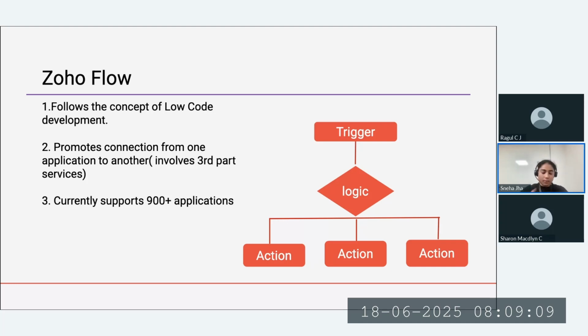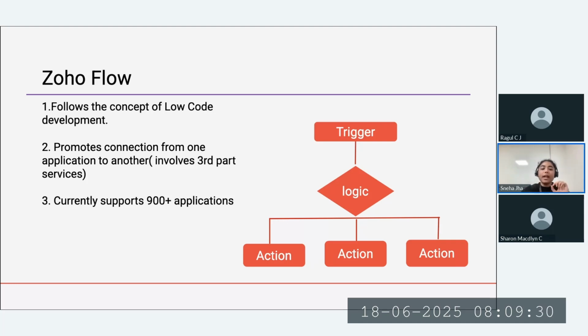With this small change, you can make sure that your flow is running successfully. There are other logics available in Zoho Flow that we will be covering in the later parts of this session.